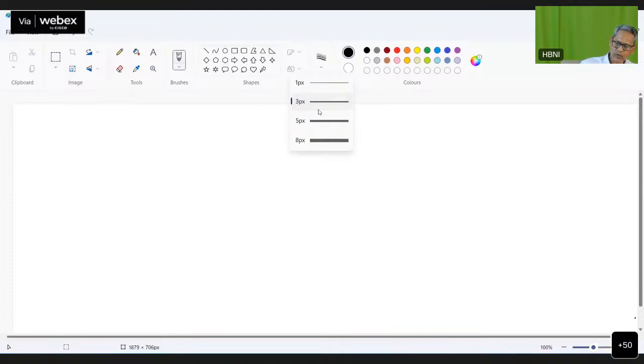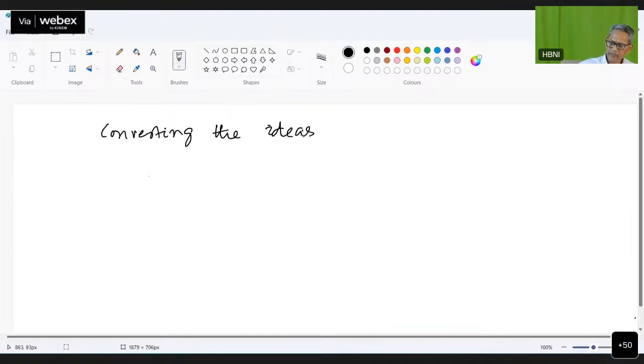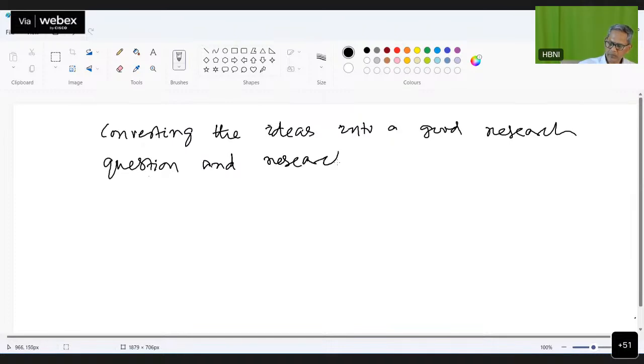The next question is converting the ideas into a good research question and research objective.